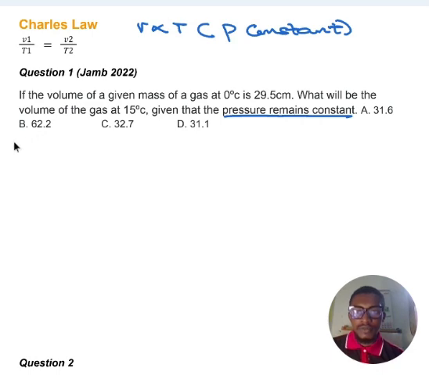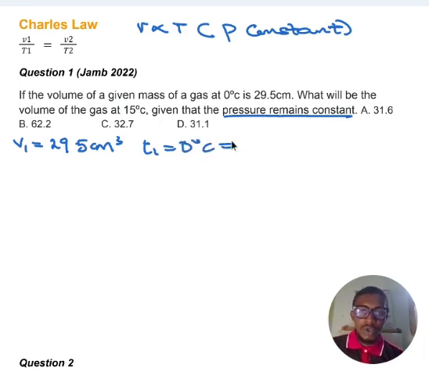So we have V1, which is 29.5 cm cube, and T1 is 0 degrees Celsius. In Charles' law you need to convert the temperature from degrees Celsius to Kelvin. To do that you just add 273 to whatever value you were given in degrees Celsius.